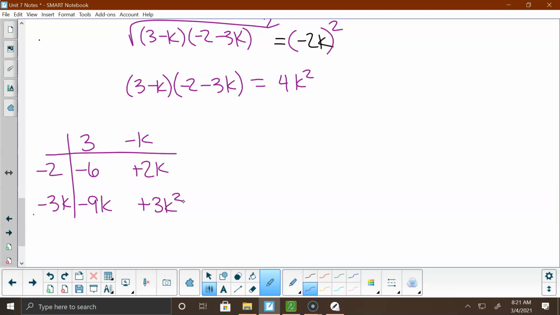We're good. Alright. Left-hand side of my equation is now 3k squared minus 7k minus 6 equals 4k squared.